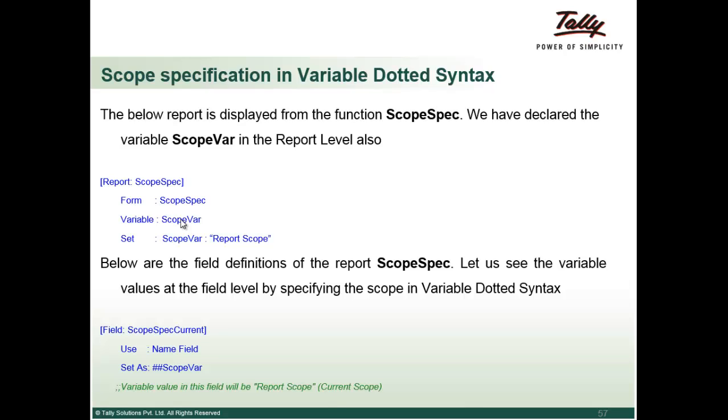We can accomplish this by using the dotted syntax and the scope specification. Now I have a report in which there is a field. I just say hash scopeware. Since I'm in a report context, obviously I'll get the value of scopeware from the report scope. That is, in the report scope the value is set to report scope, and this is the value I'll be getting in the field.